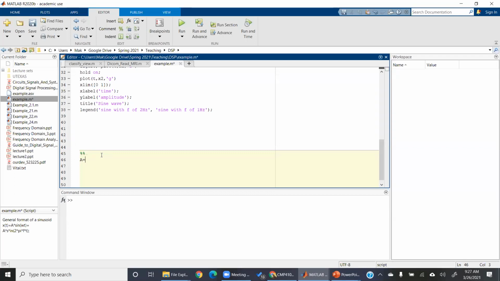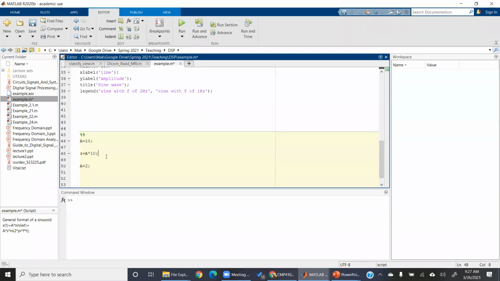So if I write A as 10, and then I say Z is A times 10, okay? And then I write A equal to 2. What will be the value of A, the final value of A, if I execute this code block?